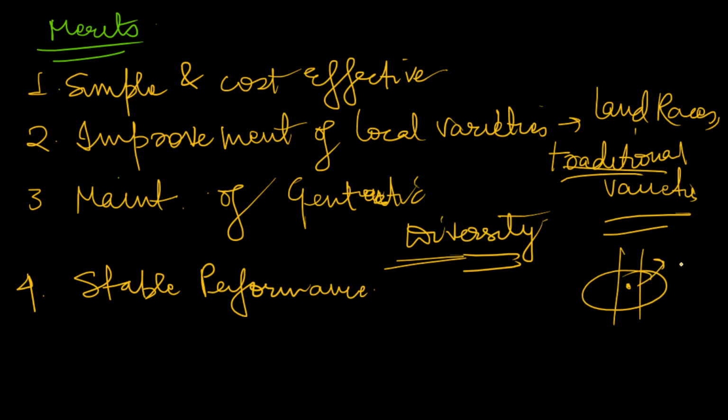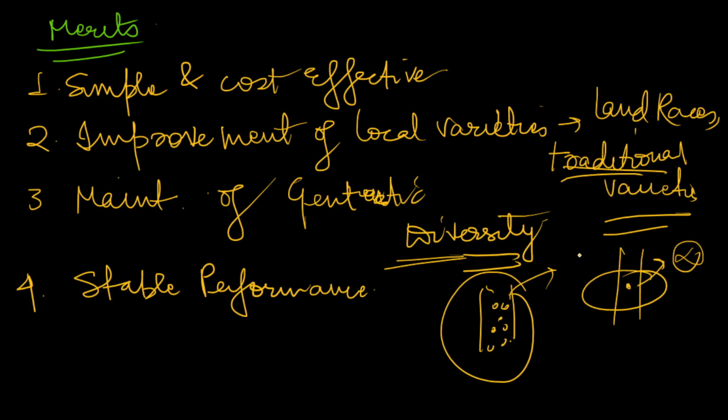So if that environment is not provided to it, it will fail. But a plant with several genes, genetic heterogeneity, will have some genes helping it to grow in dry areas also, and some genes helping it to grow in humid areas also. So the stability of these plants in all environments is good. They perform well in all the environments.